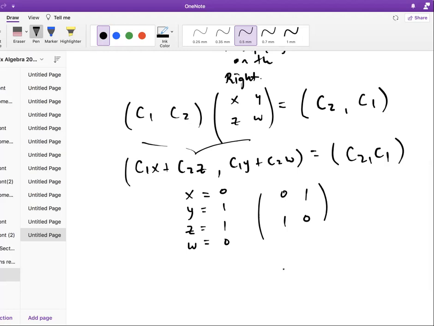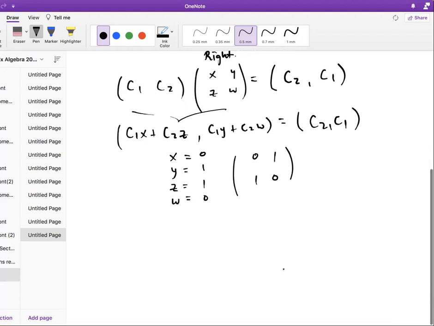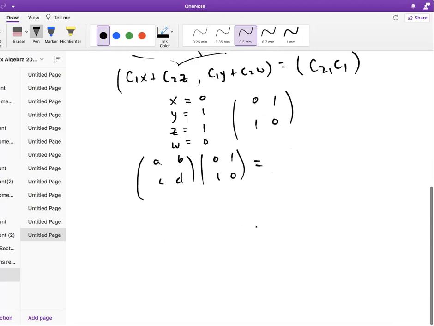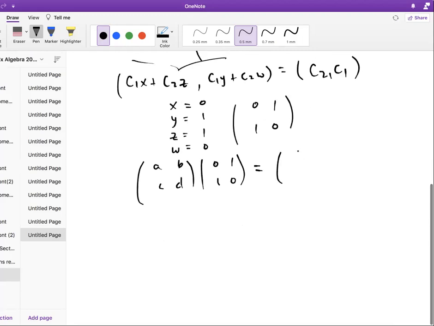So if you multiply A, B, C, D times 0, 1, 1, 0, you don't get a row swap, you get a column swap.